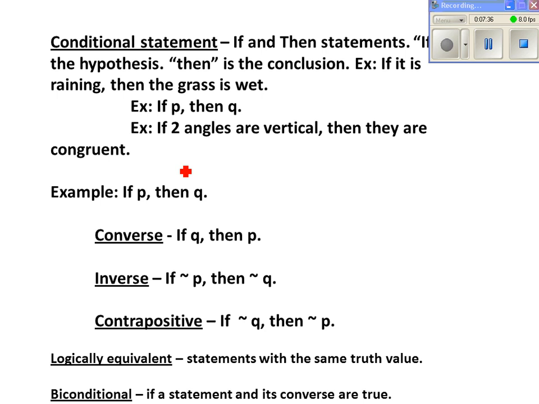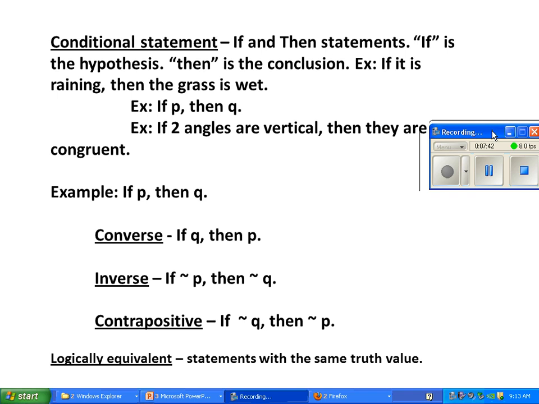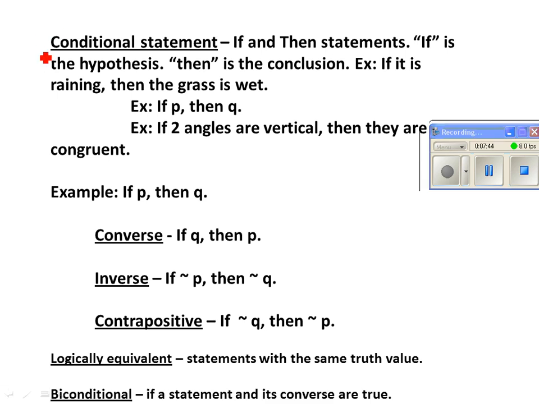All right, conditional statements. This is probably the most important part of all these notes. Dealing with conditional statements and dealing with these three ways of changing conditional statements around. Another name for a conditional statement is an if and then statement.